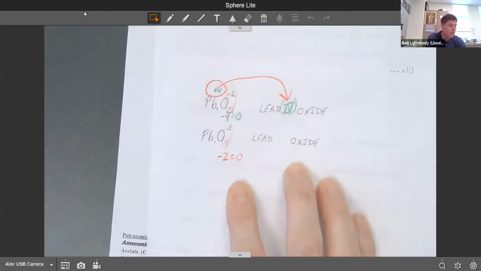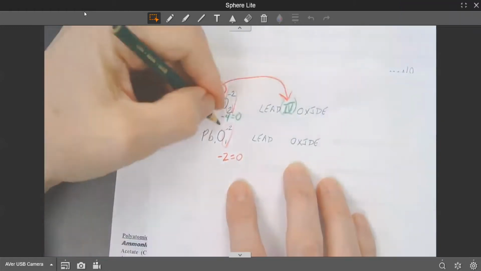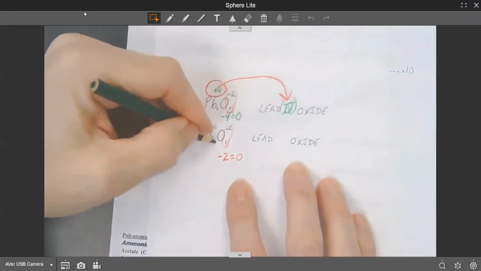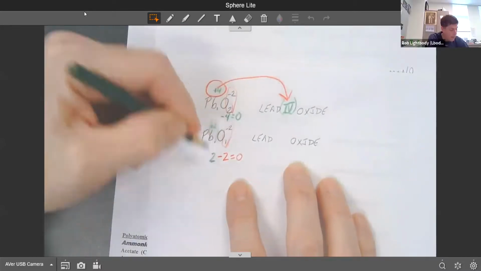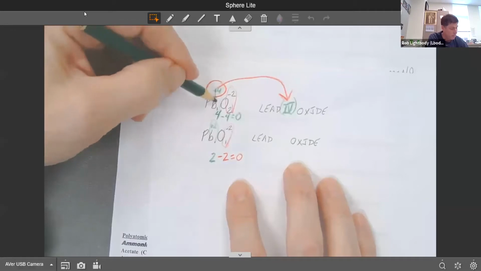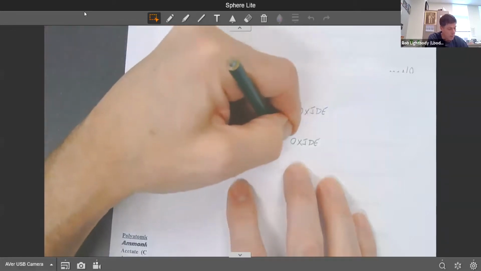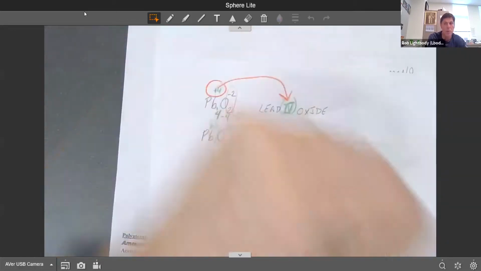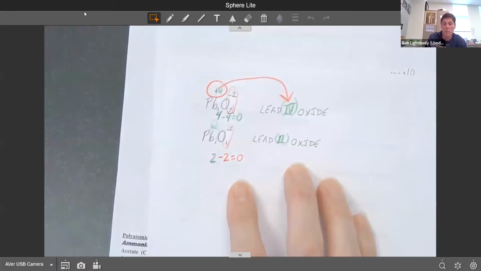What would be the charge of that single lead? +2. Because it's got to cancel that, just like up here, the 4 had to cancel. So in that case, I would tell them it's a lead Roman numeral 2 oxide. Or a lot of times you'll just hear them say lead 2 oxide.